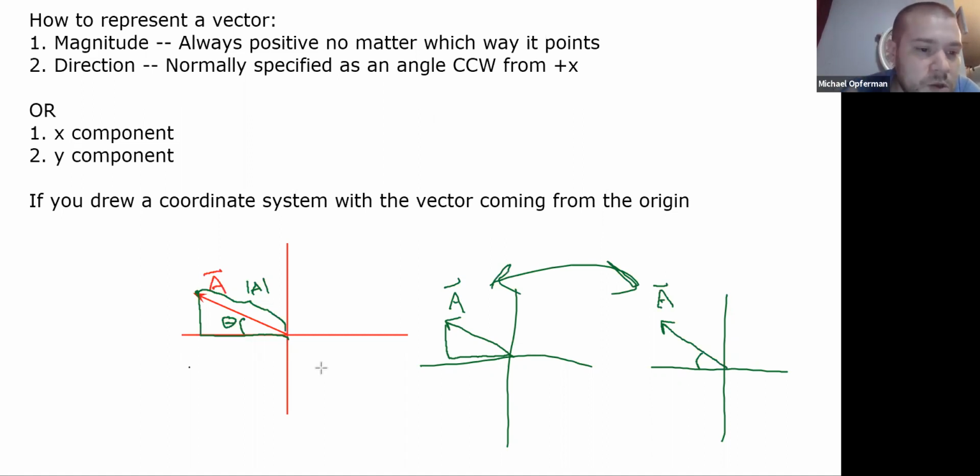So those are equally good ways to specify a vector. And importantly, not only are they equally good, they're also closely related to each other. There's a whole method of relating the two representations to each other, and it's going to be incredibly common for us to go back and forth between those two representations as needed. But I'll save going back and forth between the representations for the next video.